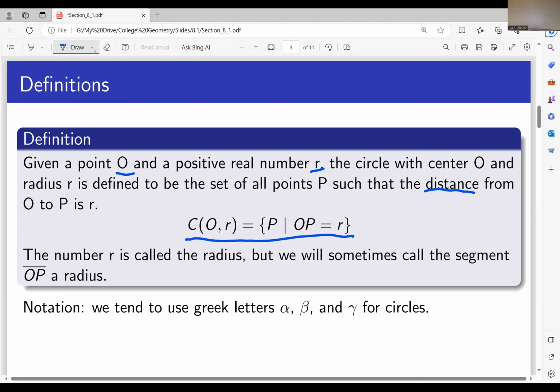We sometimes call the segment OP a radius as well. Sometimes radius is a number and sometimes it's a segment.